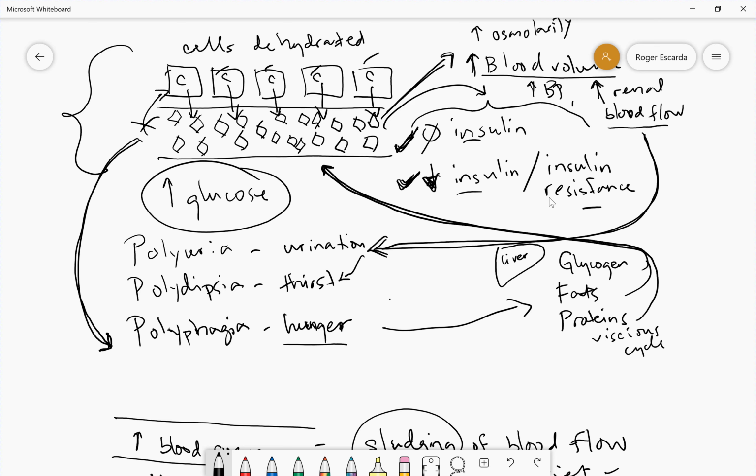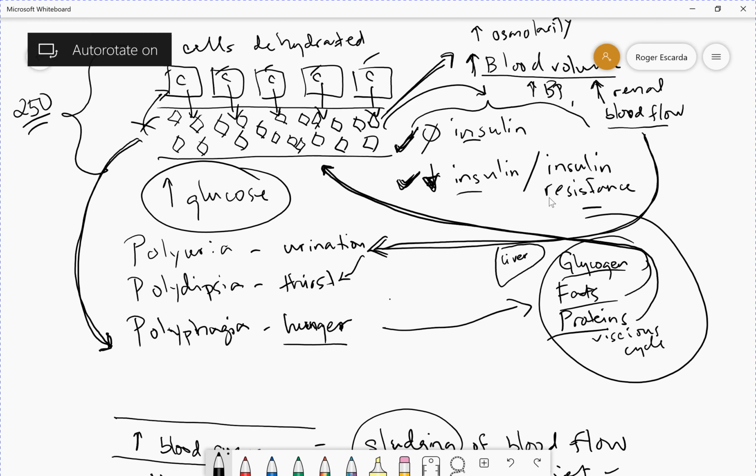Several events happen before you reach severe hyperglycemia, meaning before you reach 250, these events here occurred, meaning the patient did not have insulin, and therefore the patient's blood glucose, not only from the food intake, already broke down glycogen, fats, and proteins. That's how they got to the 250 level.